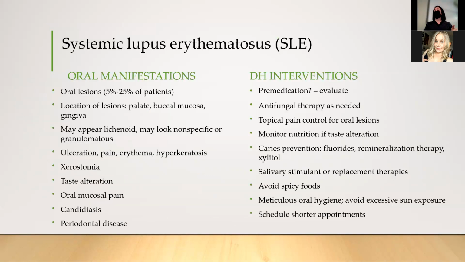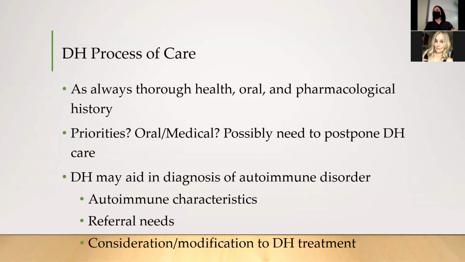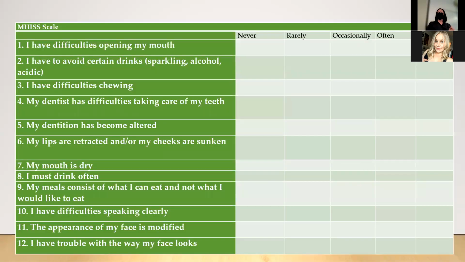So this is all just going over these last ones. The process of care is what we always do. We take each patient on an individual basis, considering their medications and the severity of their disease. This is a scale that you can use. I have difficulty opening my mouth.